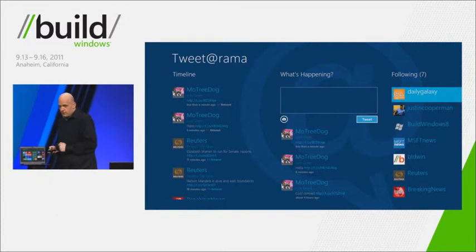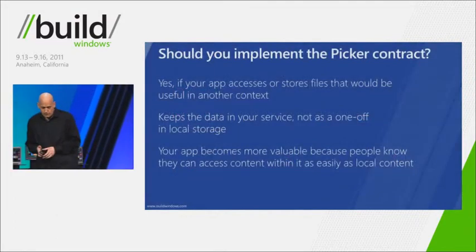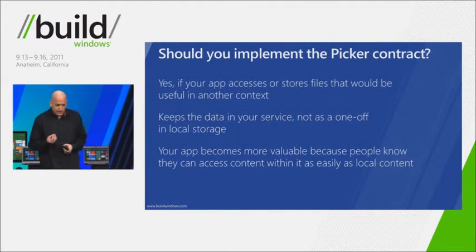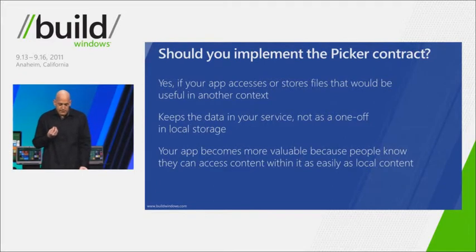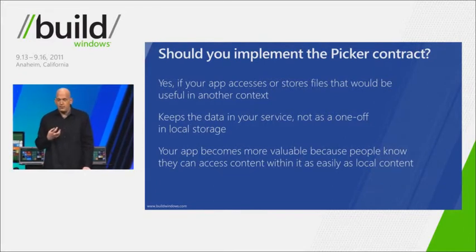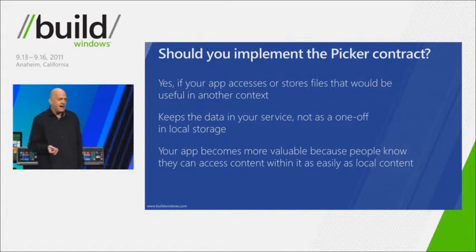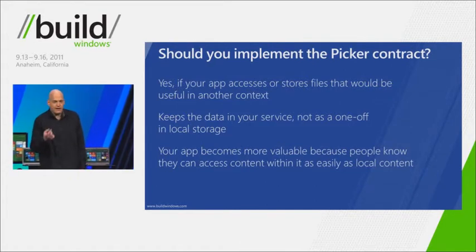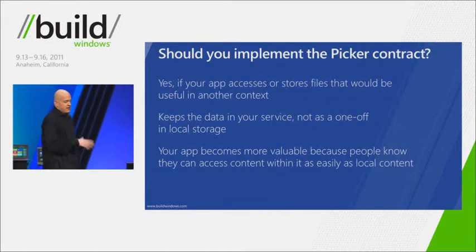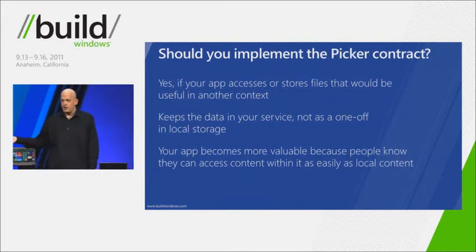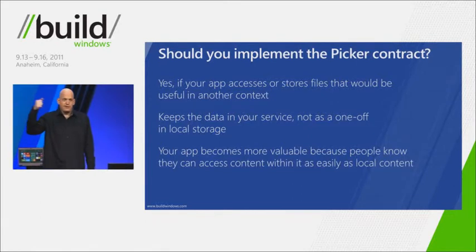Coming back to the slides again, the reason to do this is that as someone who's writing an app that's service-backed, it allows your data to stay in the service. Today, in every one of these scenarios that I showed, you go to the social network or app, and you save something to your hard drive. So now you have a one-off just sitting there.